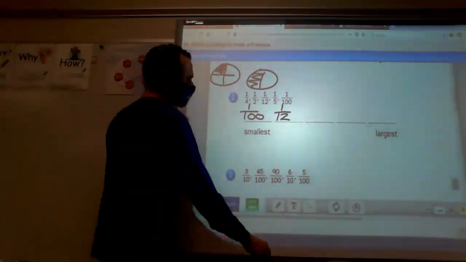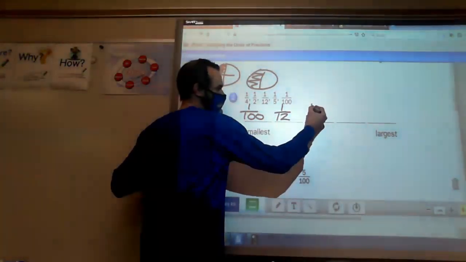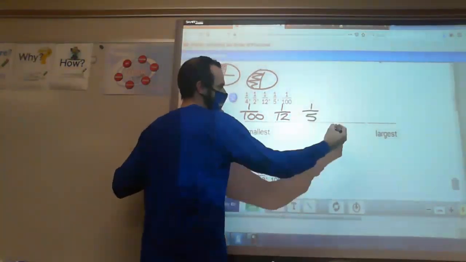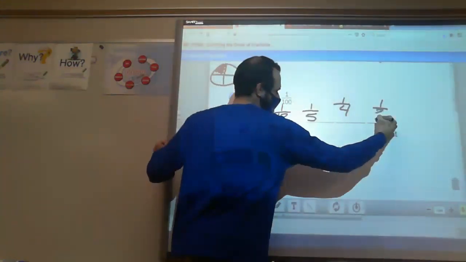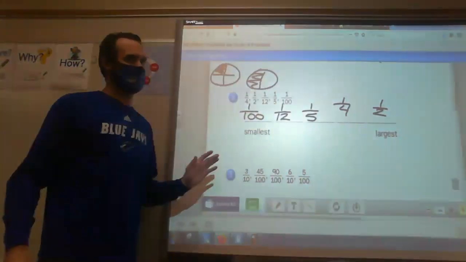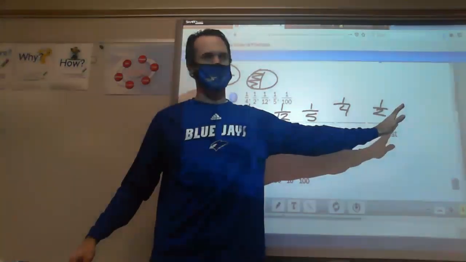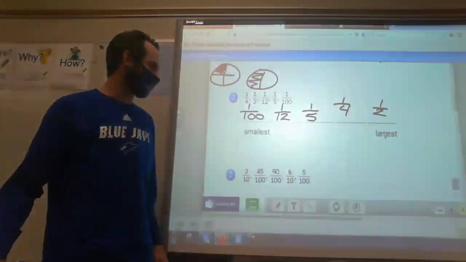What would come next? 1/5, then 1/4, then 1/2, because as the denominator gets smaller, the pieces get bigger.